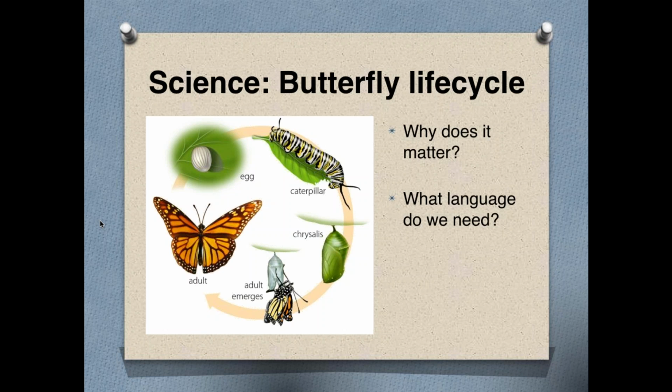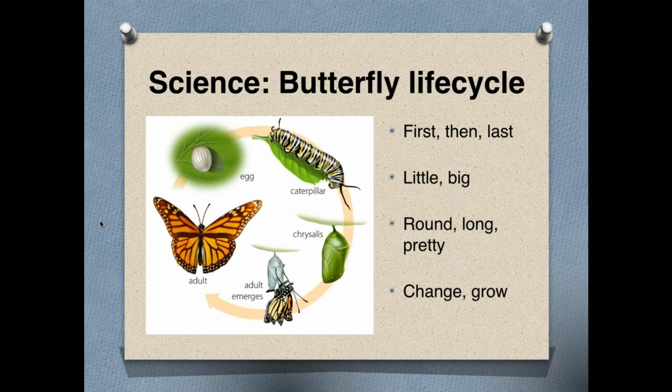When we study science, we're learning why things are the way they are. If we're looking at things like the butterfly life cycle, right? That's like a rite of passage for every kid. We're learning concepts and language around what came first and then what happened next and what happened last. We're learning concepts like little and big, and being able to describe things as, the egg is round and the caterpillar is long and the butterfly is really pretty.